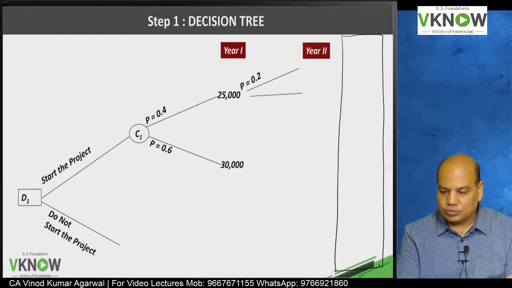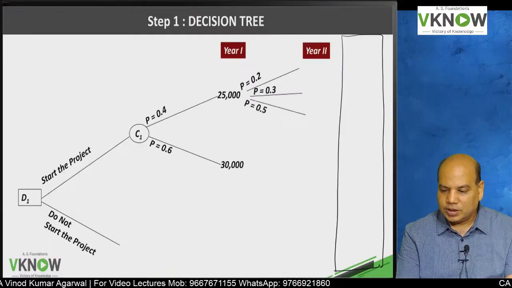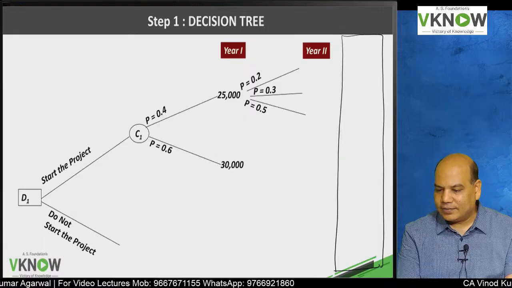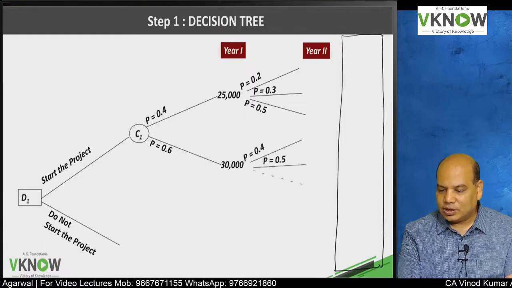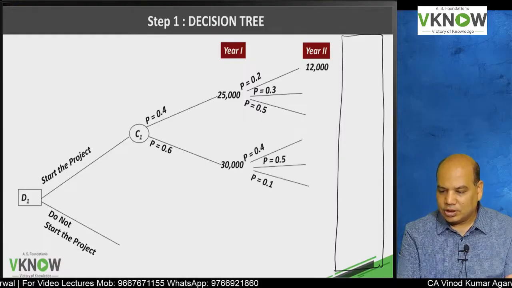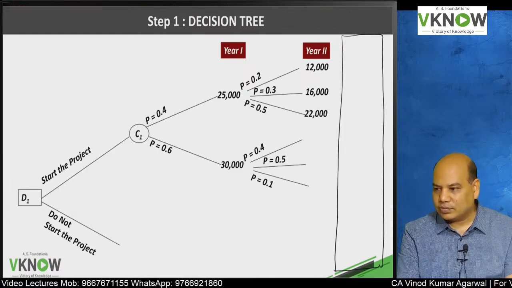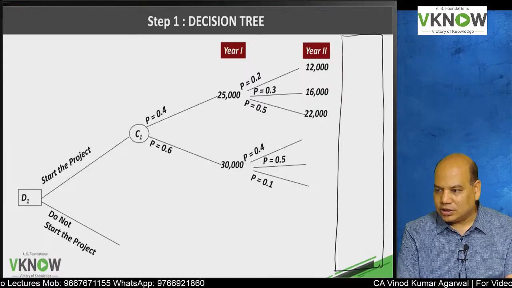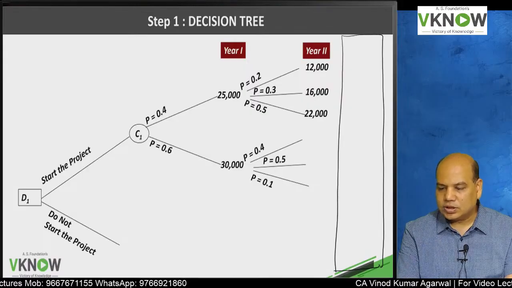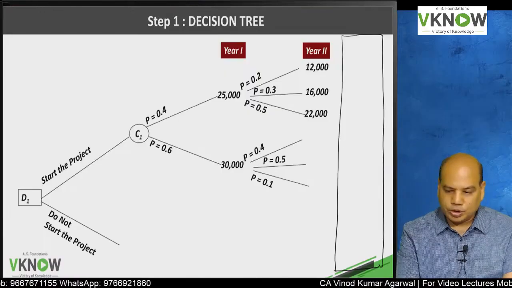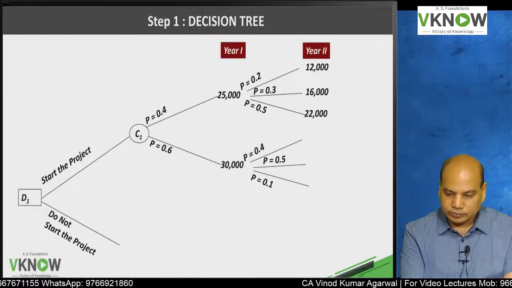Now year 2, the answer depends on what happened in year 1. In year 1, we will get 25,000. In year 2, after getting 25,000, we will get either 12,000 or 16,000 or 22,000 with probability 0.2, 0.3, 0.5.